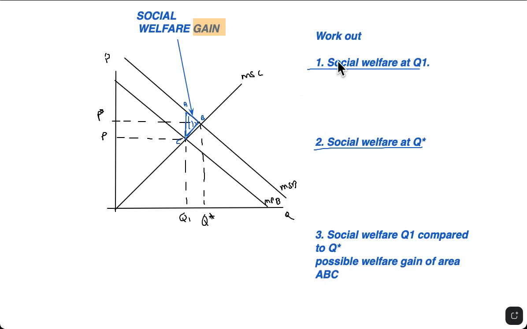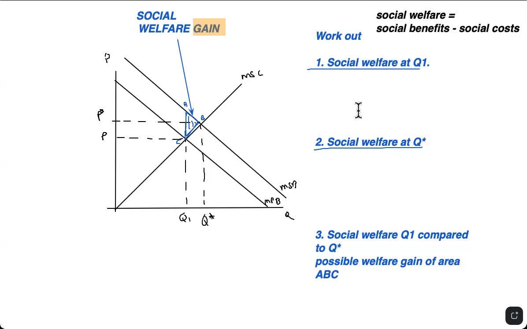All right, so if we want to work out social welfare, we need to understand what social welfare is. Social welfare is a society thing, so it's not just third parties. It's going to include consumers, producers, and third parties. And we're going to take all the benefits that they receive and subtract the costs that they have paid. That's how we're going to calculate social welfare.